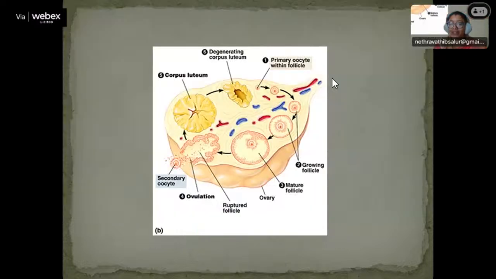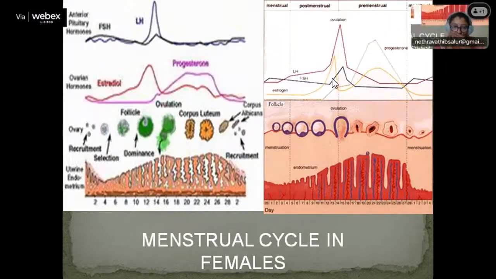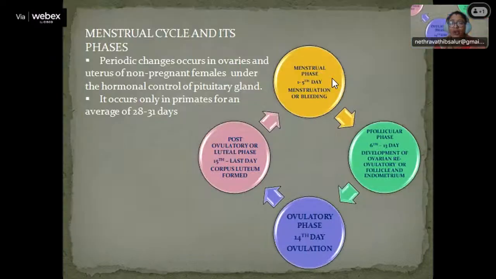Now, the next phase is the post-ovulatory phase, which is also called the luteal phase. During this phase, after the egg comes out, the remains of the Graafian follicle will form into a structure called the corpus luteum.